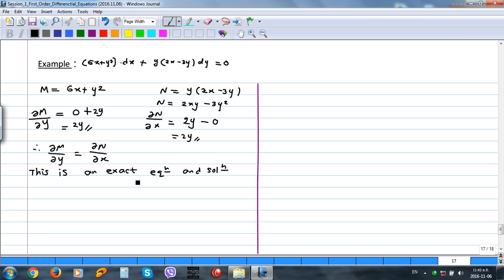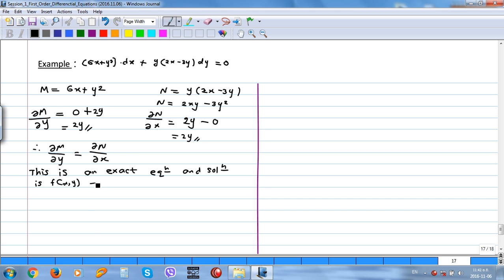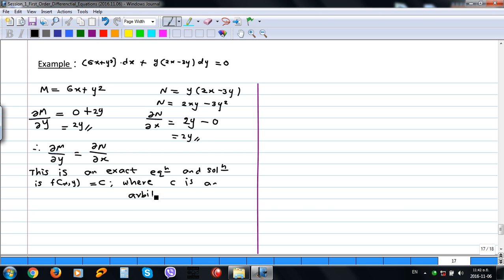The solution is f(x,y) = c, where c is an arbitrary constant. Right. So then we need to find f(x,y) = c.